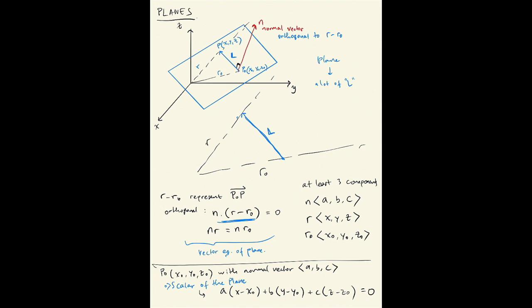The normal vector can be from P0, from P, anywhere, as long as it's the same direction. It's just the equation of the plane. Questions? Finish this part? Okay.